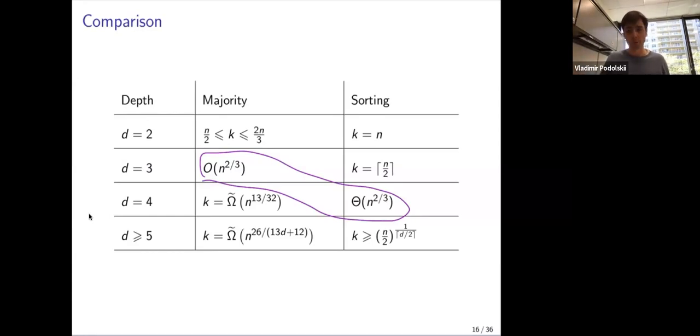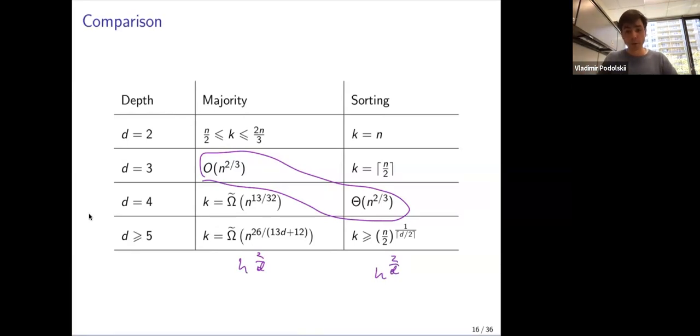There is this nice difference, and it gets to the same value actually, at least as far as we know, because for the majorities we do not know whether this bound is tight. But as far as we can see now, it is similar. It's n to the 2/3, but depth differs by 1. And for large depth, this is roughly n to the 2 over d, and this is also roughly n to the 2 over d.